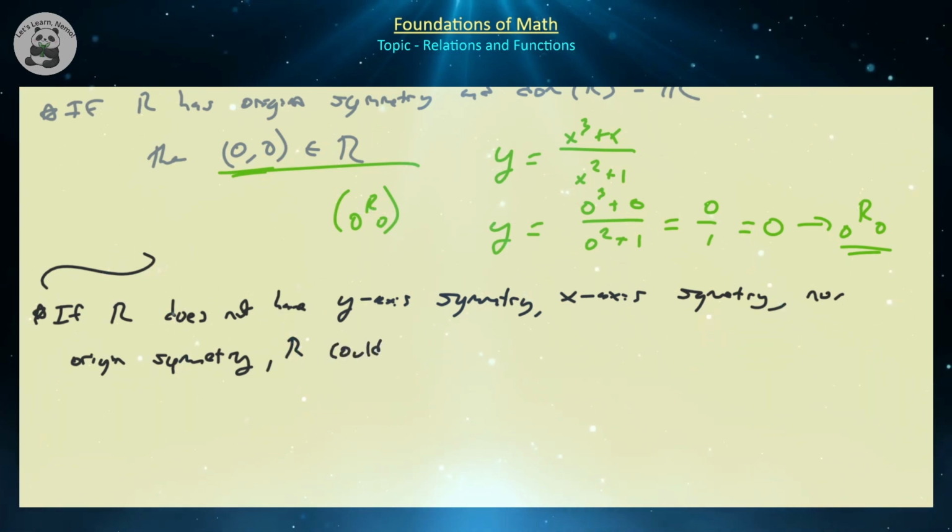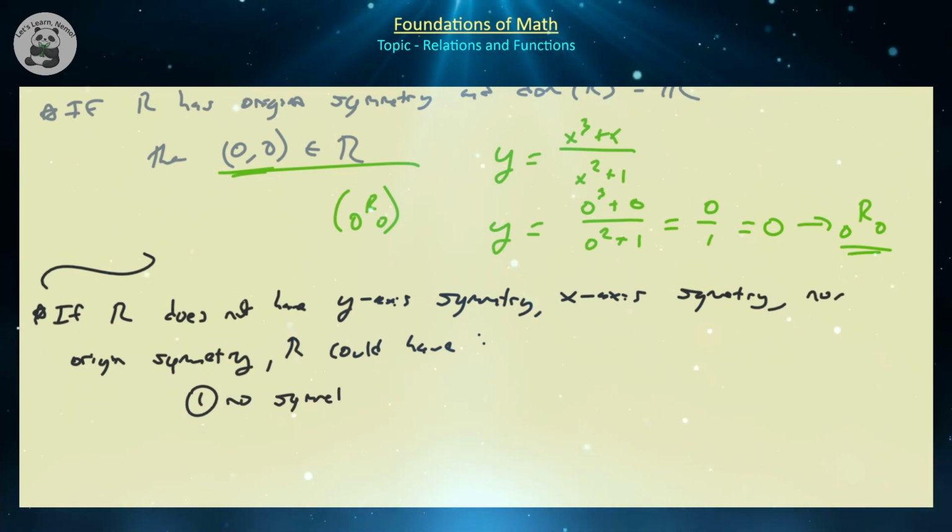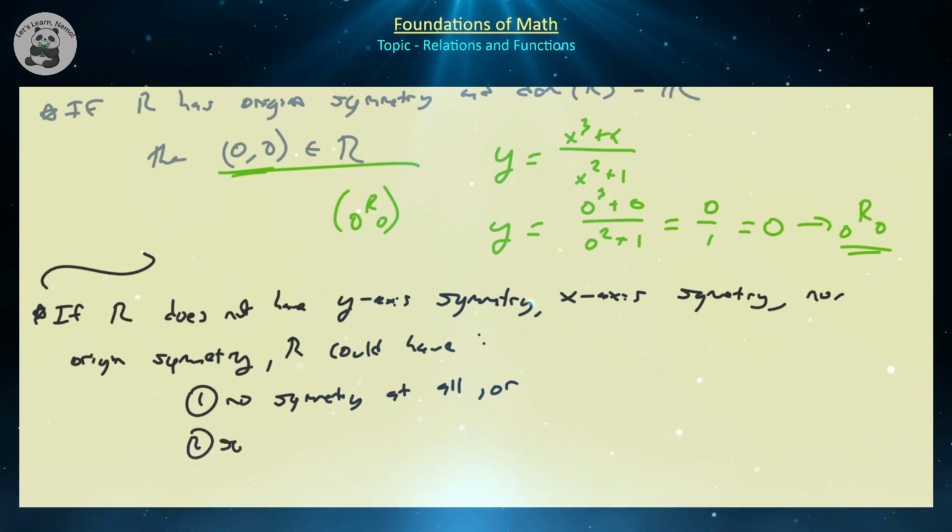R could have no symmetry at all, or symmetry with respect to other things.